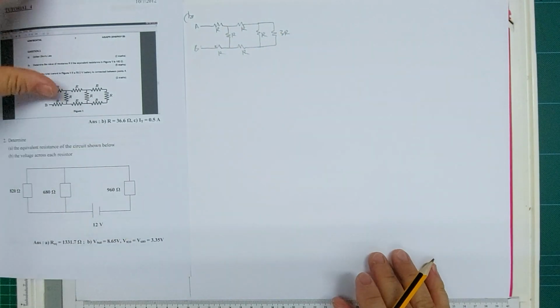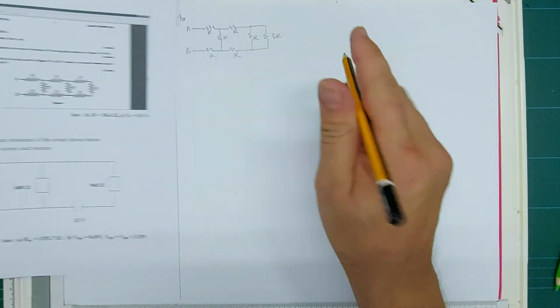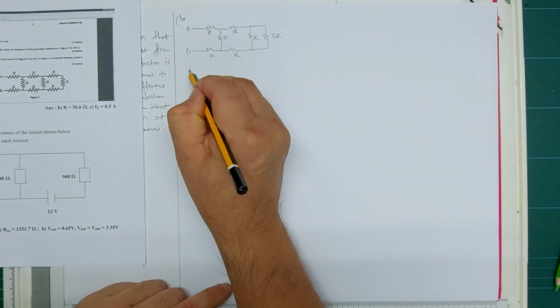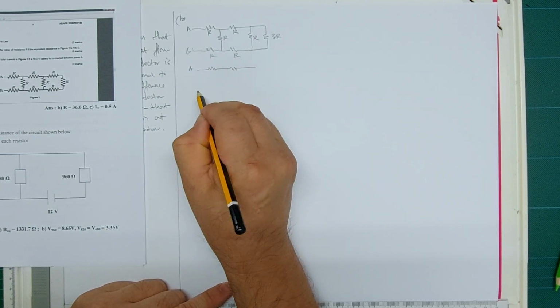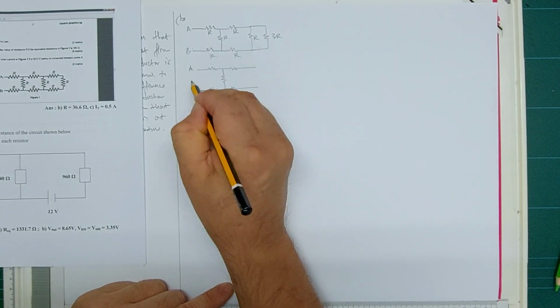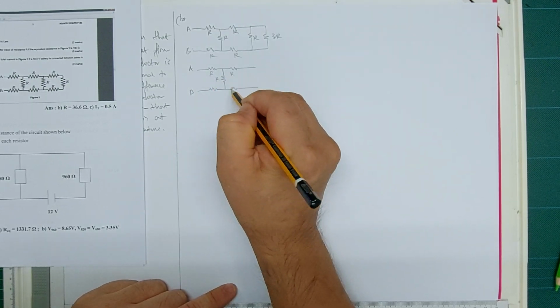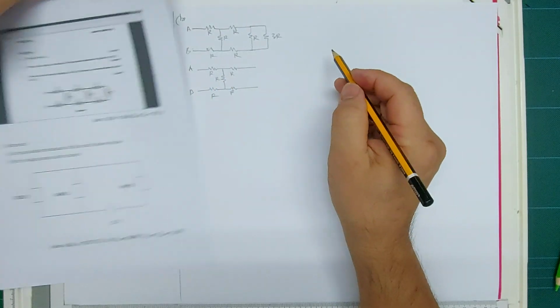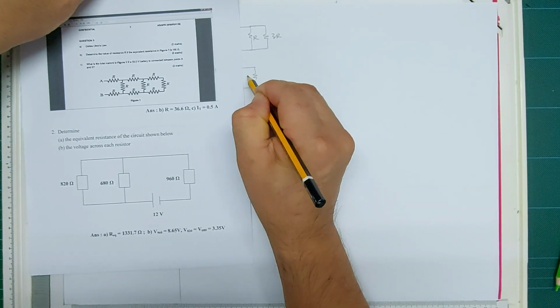And then we combine these two, see, they are in parallel. So how do we solve that? Again using the same method. Sometimes drawing the diagram helps us a lot. Without a diagram, you'll be lost in the transformation of the diagram. So this part here, I will call R prime.